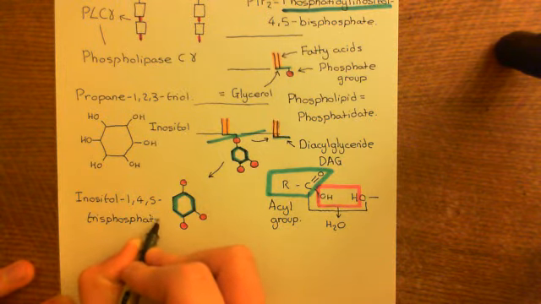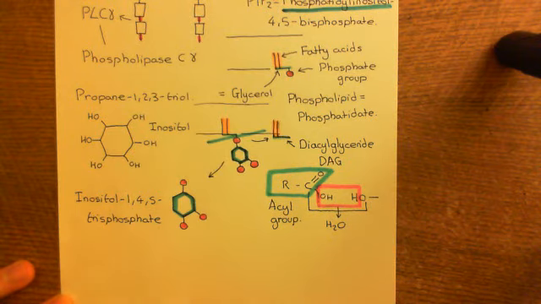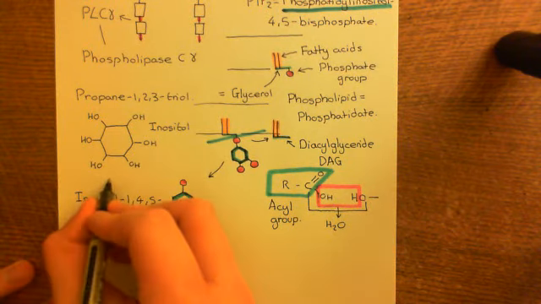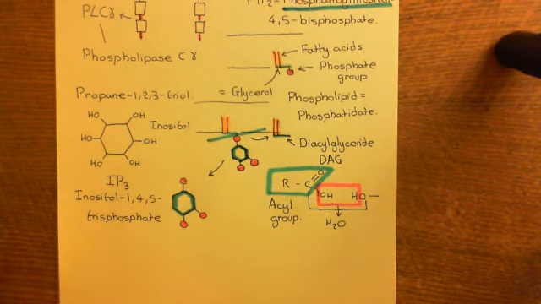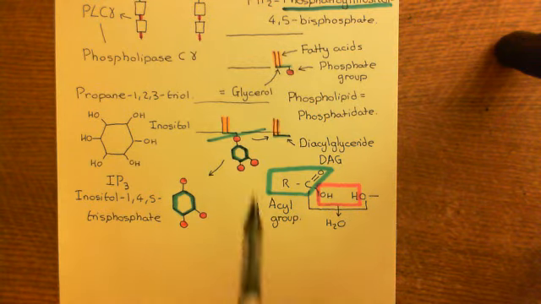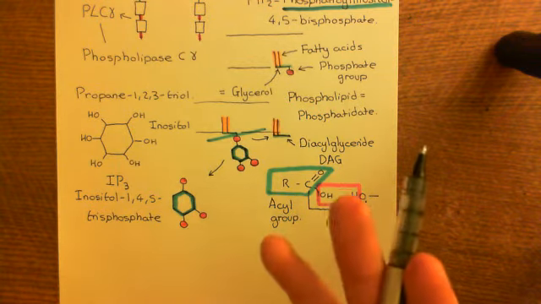Now, because inositol 1,4,5 trisphosphate is a bit of a mouthful, people will often just abbreviate this to I for inositol, P for phosphate, and then they'll put a 3 there to denote that there are 3 phosphate groups coming off of the inositol. Okay, now, we're not interested in what the diacylglyceride does.